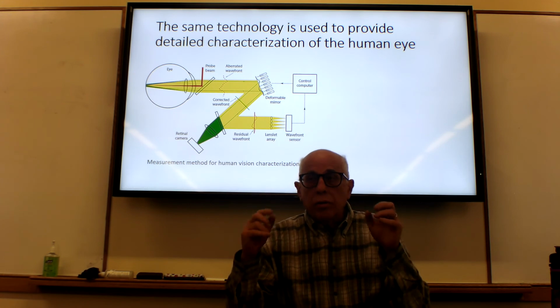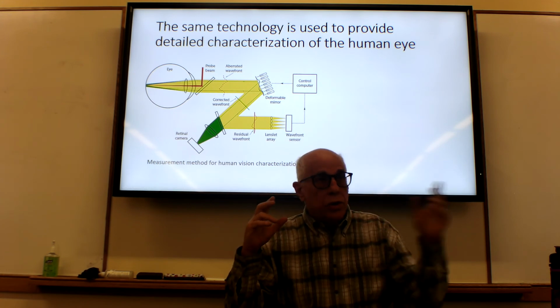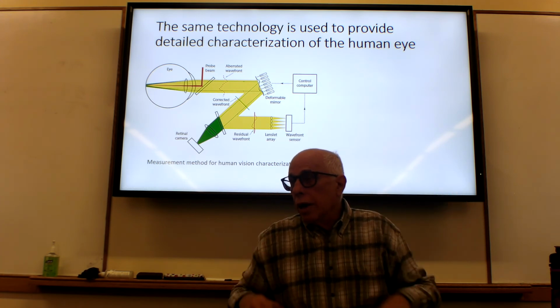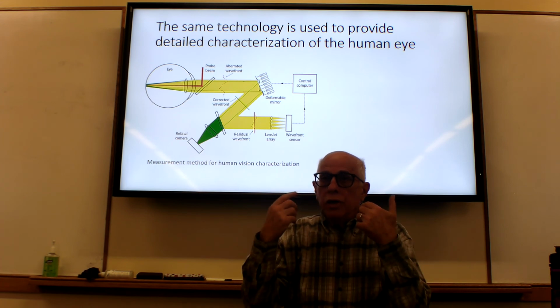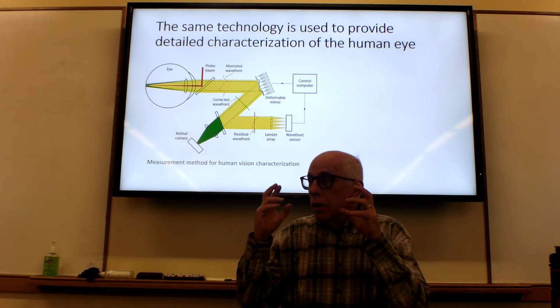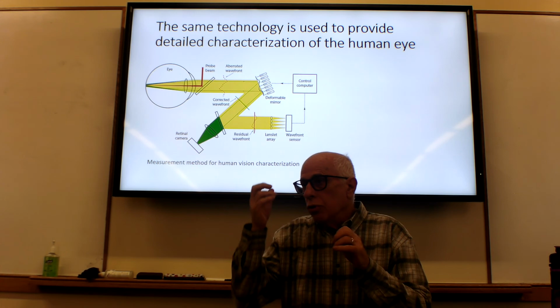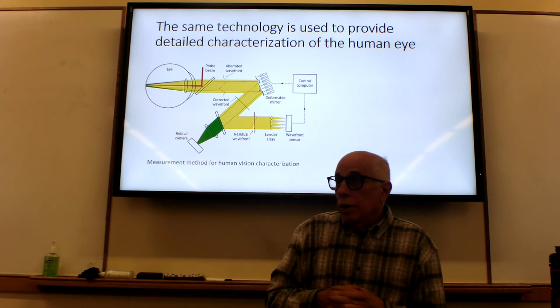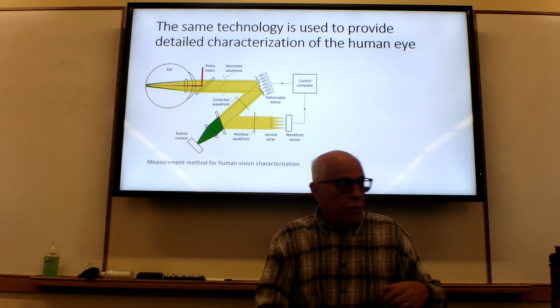So now, this is a commercial product used by ophthalmologists to measure the defect in people's vision in real time while they're doing, for example, LASIK or whatever the modern version of LASIK is.